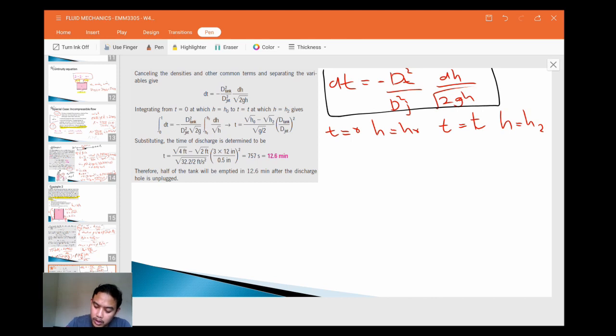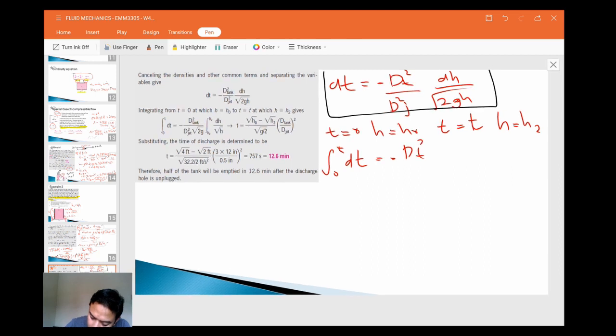We integrate t from 0 to t, dt, is equal to negative d tank square over d jet square, square root of 2g.